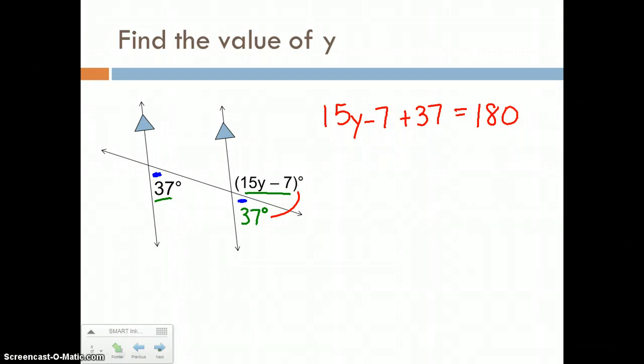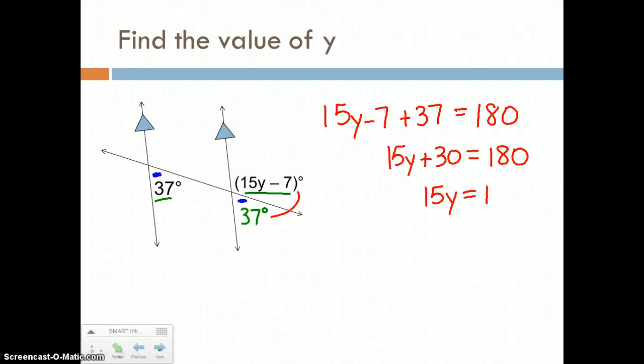Combining my negative 7 and my positive 37, I get 15y plus 30 equals 180. Subtract 30 from both sides, we get 15y equals 150. Divide by 15, and y equals 10. That's our answer.